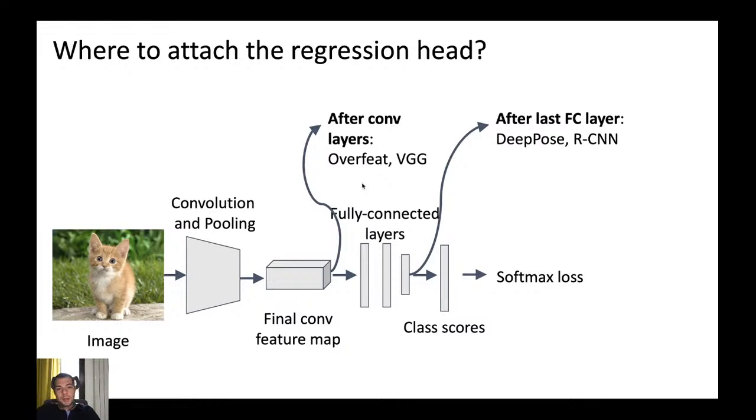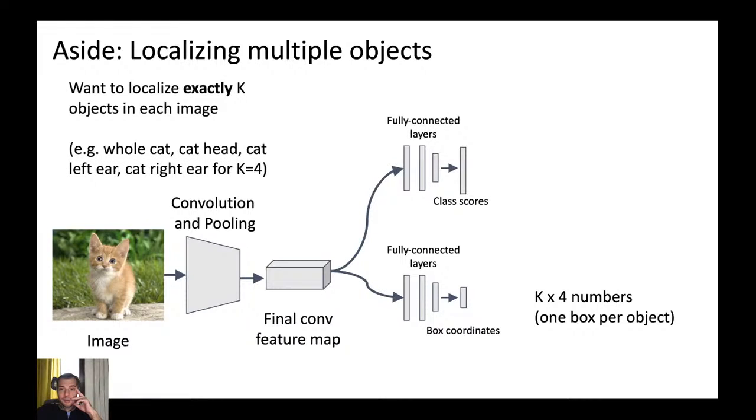So architectures such as OverFeat and VGG add this regression head after the final convolutional layer, whereas frameworks such as DeepPose or R-CNN and later models add this regression head after the last fully connected layer before the softmax classification layer. So there are variations in this regard, but the idea is quite similar.